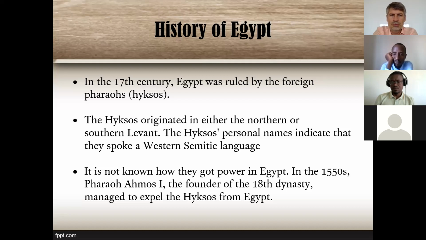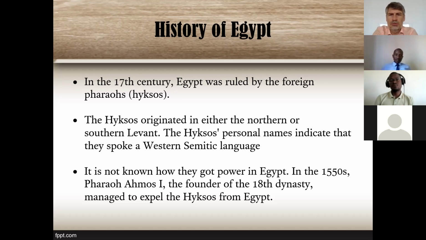So they gave an order to one of the priests, whose name was Manetho, to write a history of Egypt. He wrote the history of Egypt from the very beginning till his own time. He had access to some archives, and he was able to write a very nice book, which was called Aegyptica.